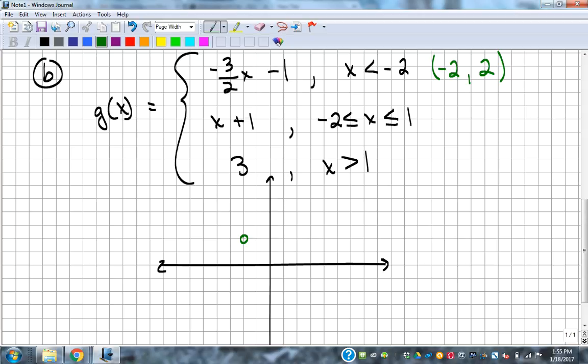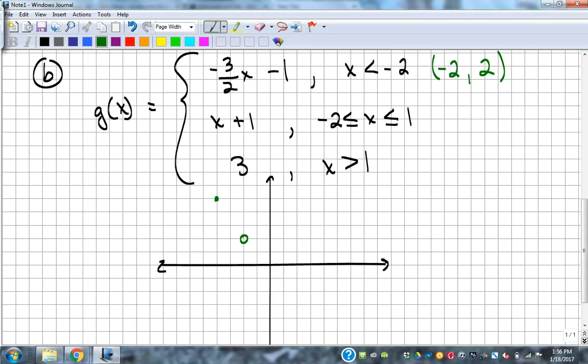Down 3 over 2. But am I going to the right? Because it says x's are less than negative 2. So which way should I be going? Back this way. Down 3 over 2 is how we would normally count that, but we've got to think the other direction. So I would go up 3, left 2. It's the same line, just going this direction instead of that direction.